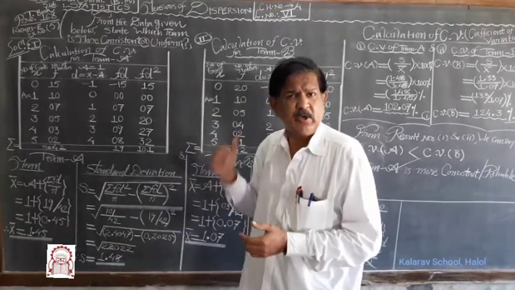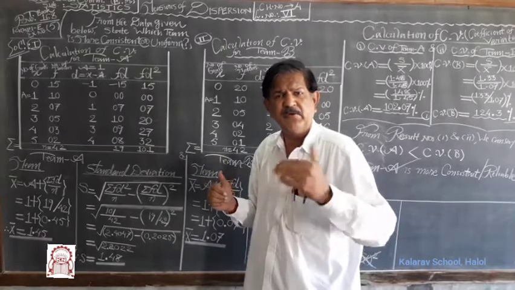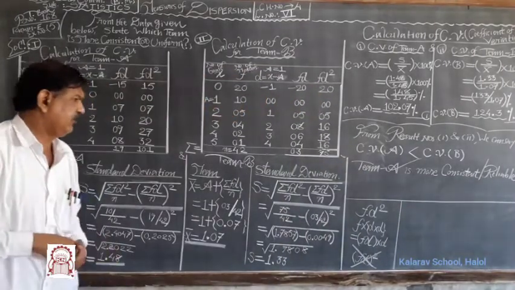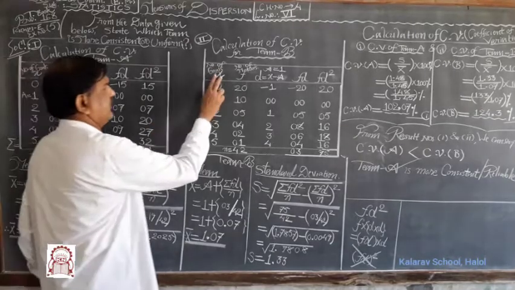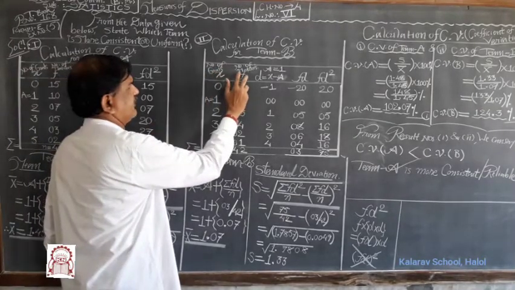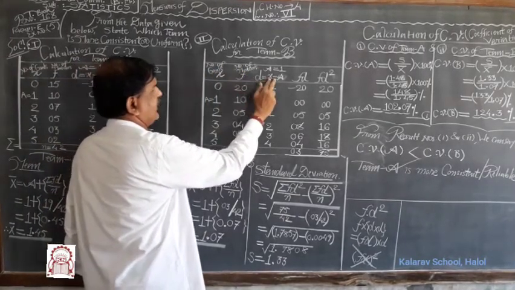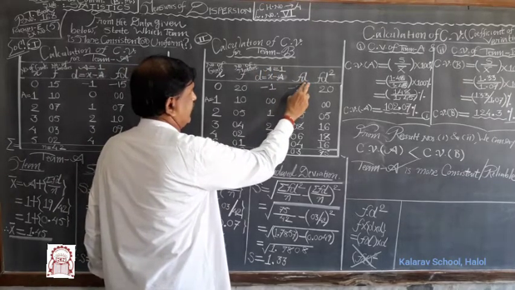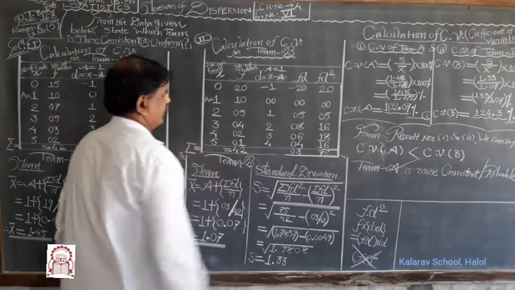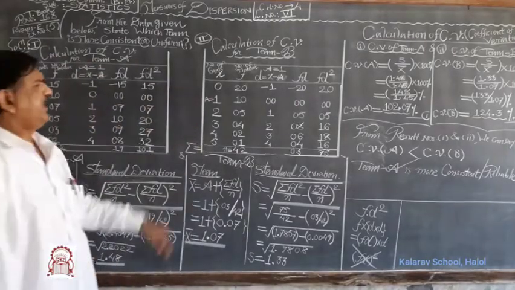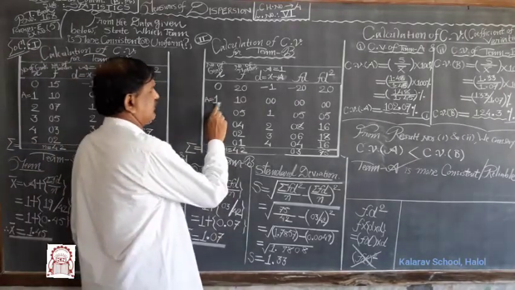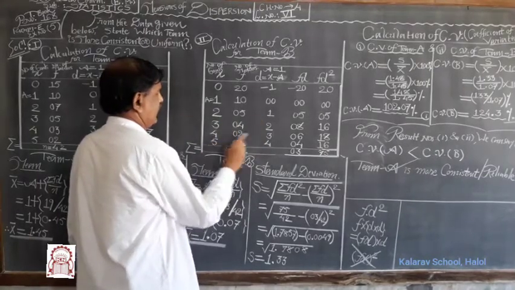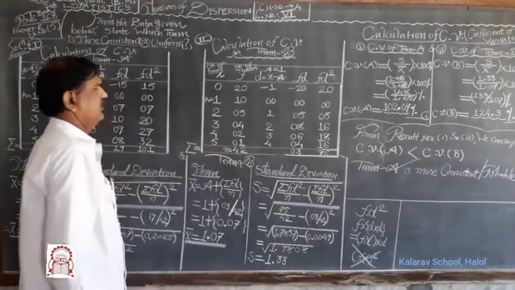The same way, we have to compute for team B. See the calculation for team B. X, number of goals; F, frequency, number of matches; D, X minus A; F and D multiplication; F into D square. Assume A equal to 1: 1 minus 1, 0; 2 minus 1, 1; 3 minus 1, 2; 4 minus 1, 3; 5 minus 1, 4.